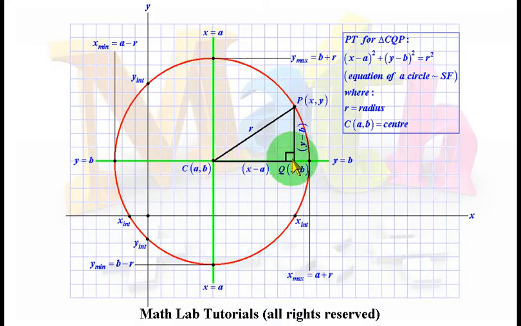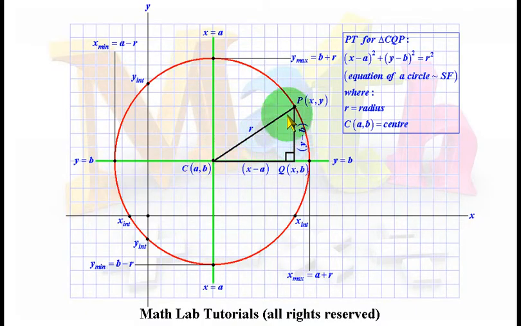And also, let's see if we can figure out how to calculate the rise. We know that the rise is y2 minus y1. So in this case, we have y minus b. So now we've identified the run for triangle CQP and the rise for triangle CQP.